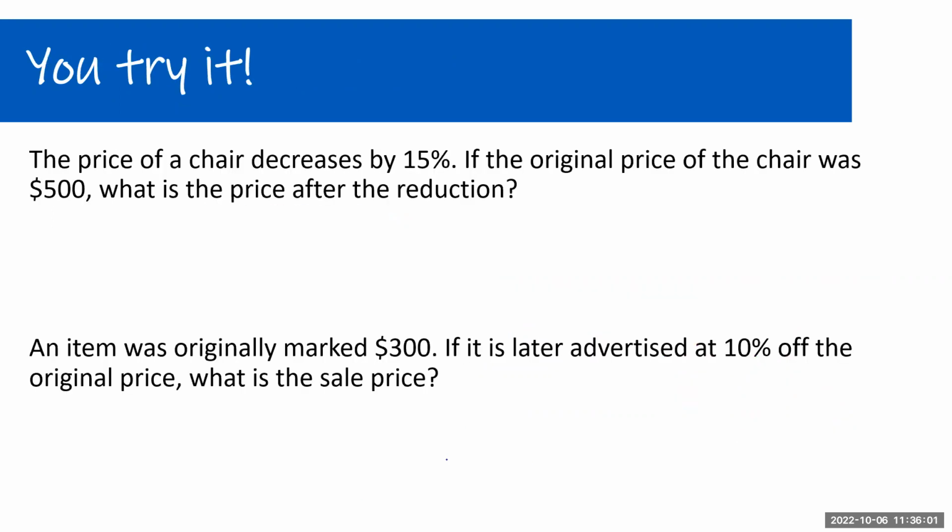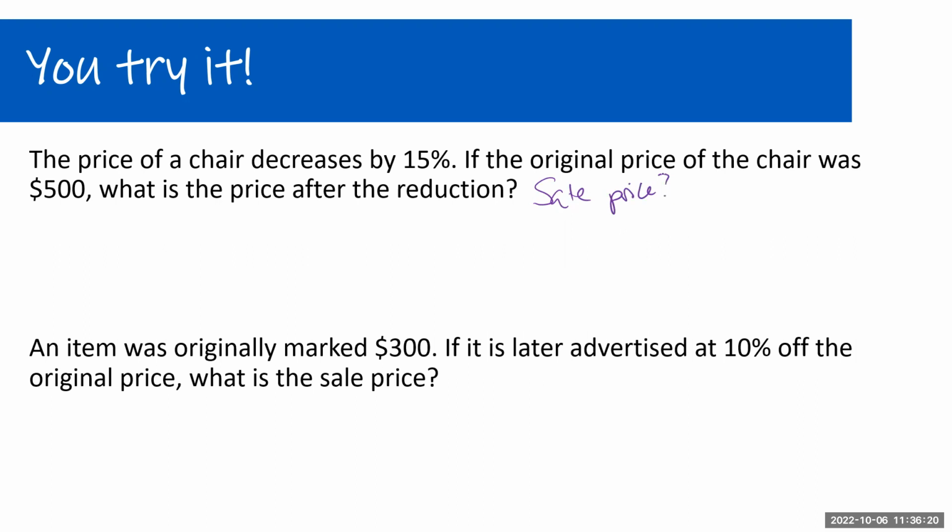Okay, take a moment and pause. I want you to solve these two practice problems. The price of a chair decreases by 15%. If the original price was 500, what's the price after the reduction? This is fancy for saying, what's our sale price?